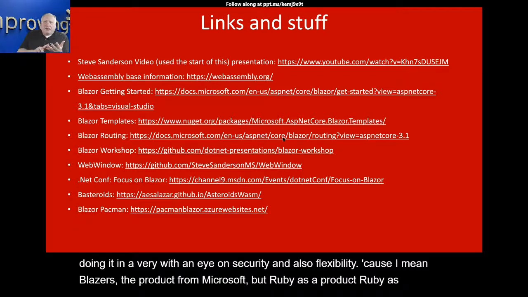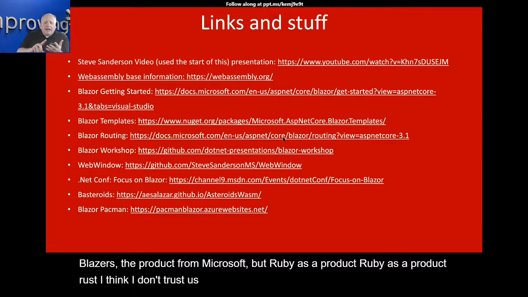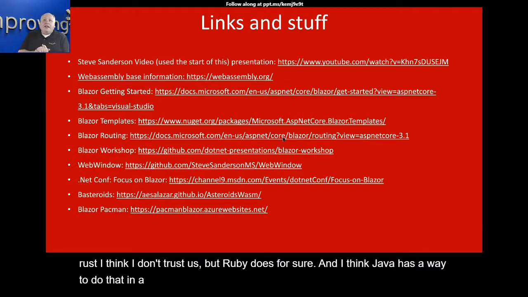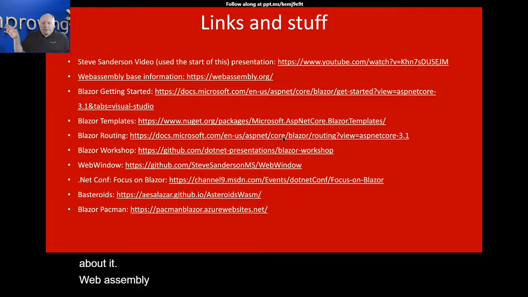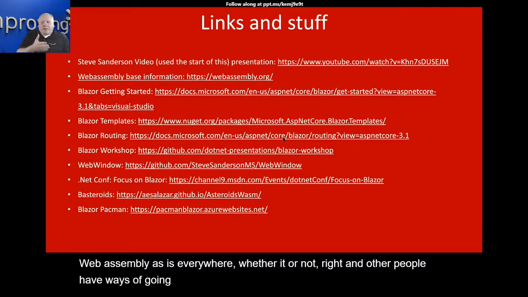Rust, I don't know if Rust does, but Ruby does for sure. And I think Java has a way to do that, and a few other people have a way to do that running on top of WebAssembly as well. This is just one way of going about it. WebAssembly is everywhere, whether you know it or not, right? This is just Microsoft's way of going about it.